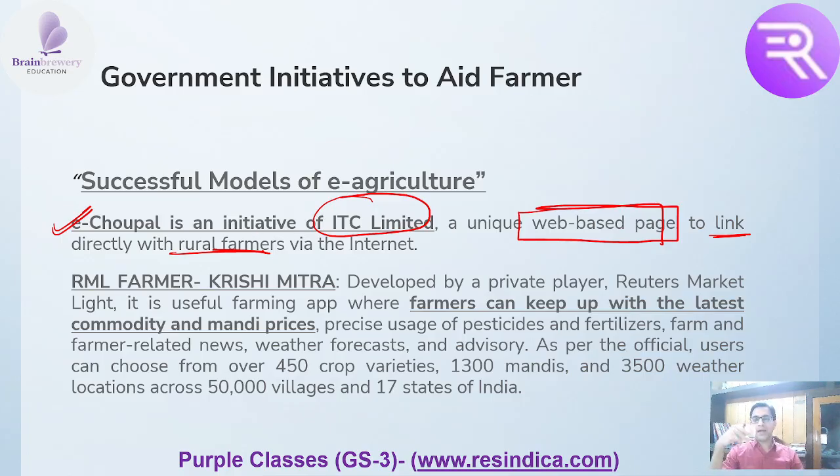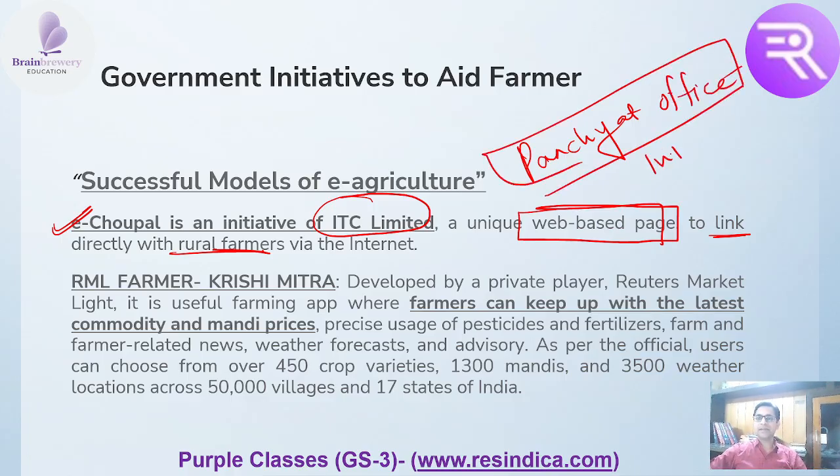Using this eChopal, you can open it in a panchayat office. That panchayat office will be connected with broadband connectivity, so the internet will be there, and the farmers can come there, go to this eChopal, and discuss things related to their agriculture via the internet.